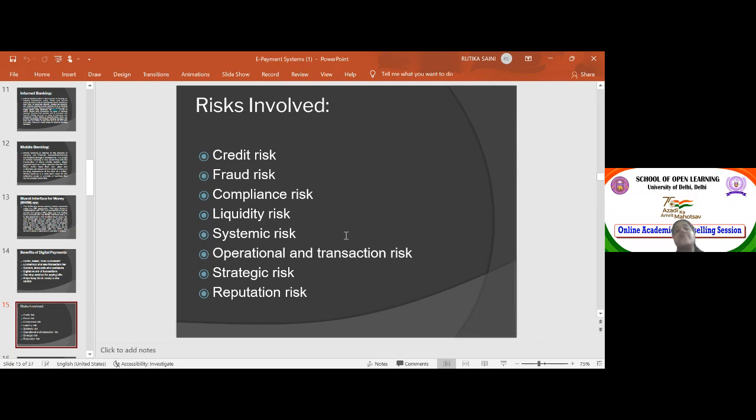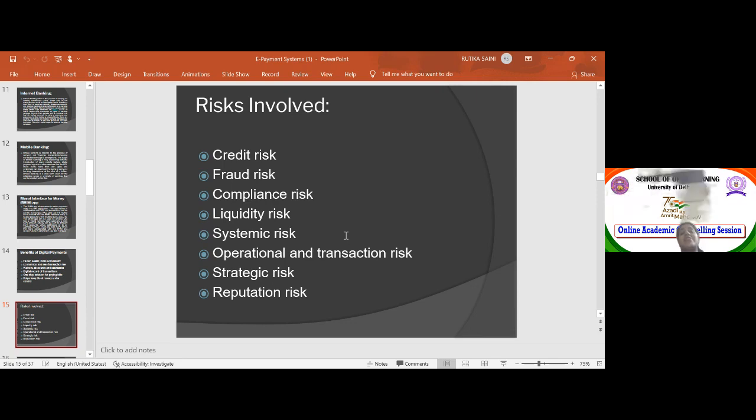The next thing is the fraud risk. Now we read in newspapers every day that this fraud happened, this and that is happening, and even we receive messages on Facebook and WhatsApp that my account has been hacked, and a URL or website address is given to you, so that you just need to go to that website and you'll find this discount or that discount.